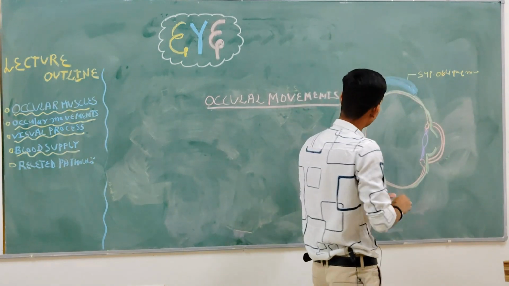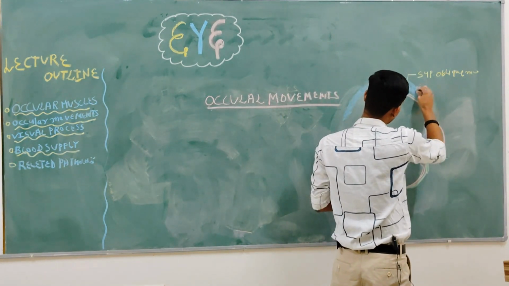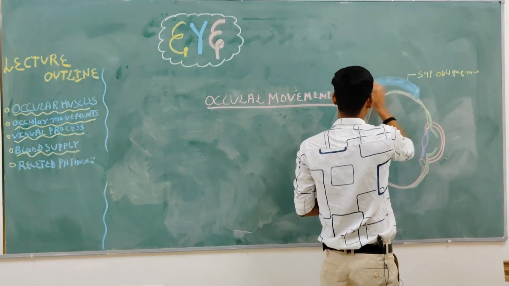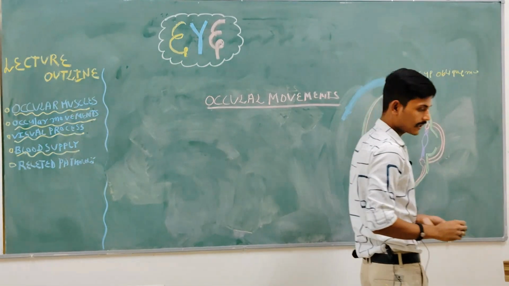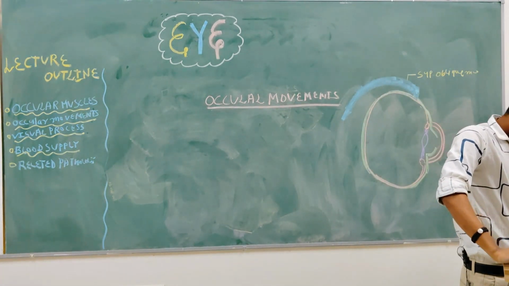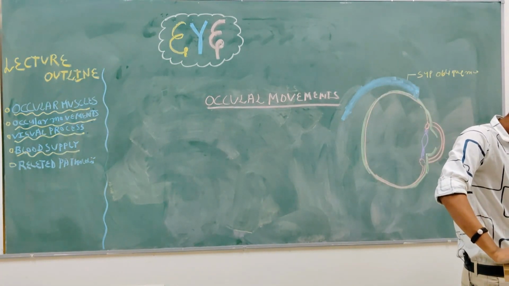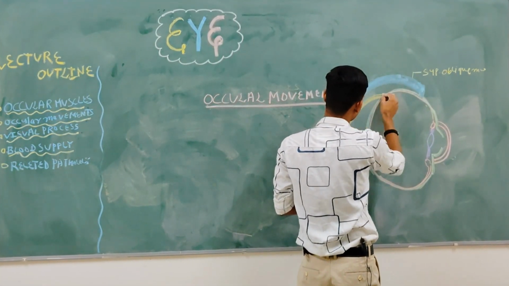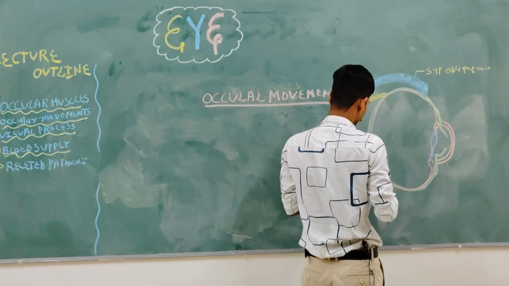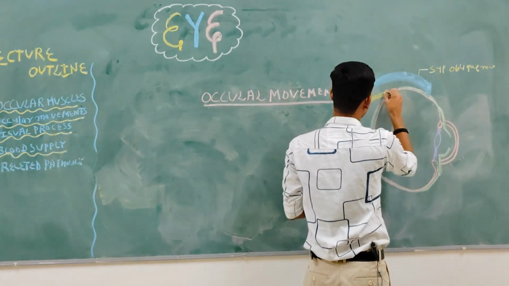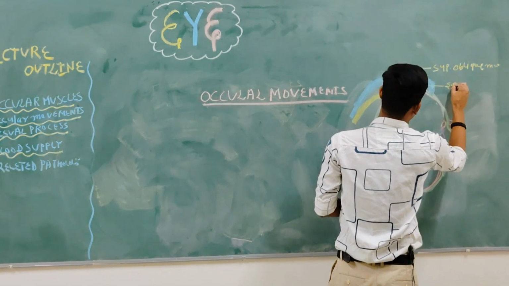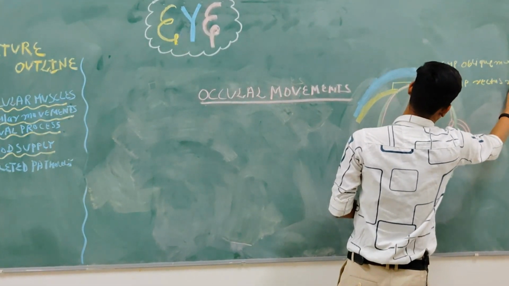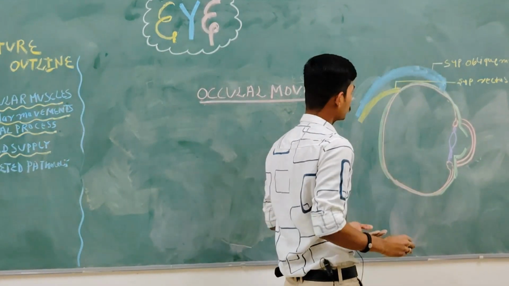Their insertion is here. They are inserted here. Then after the superior oblique, there is the superior rectus muscle. It is inserted here. This is the superior rectus muscle, one of the external straight muscles.